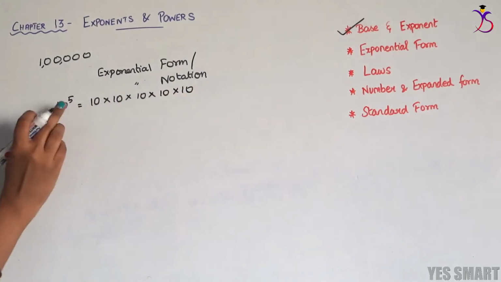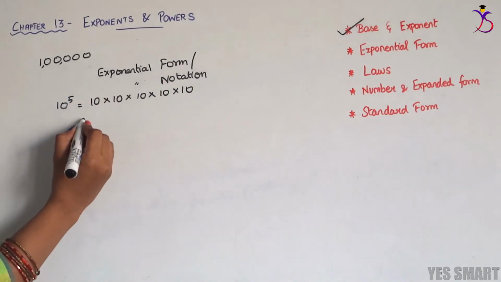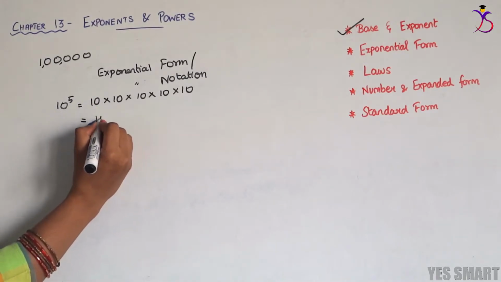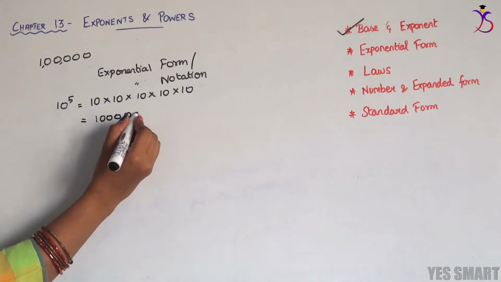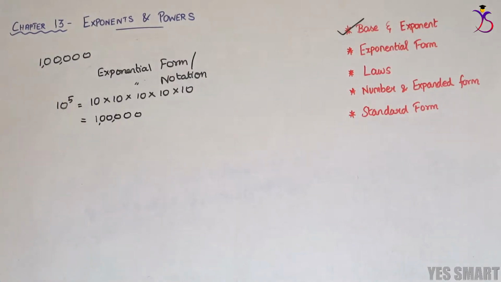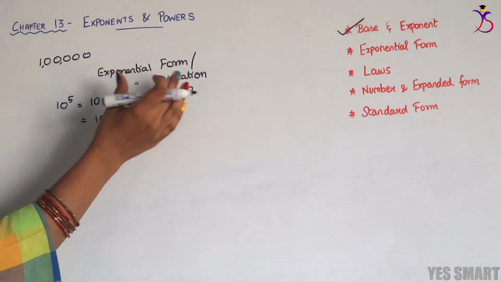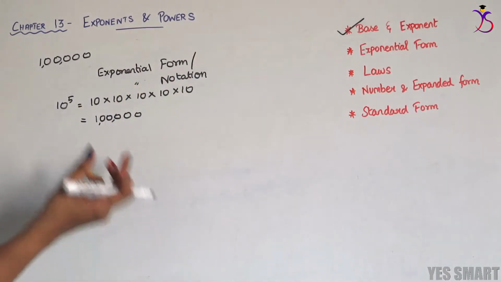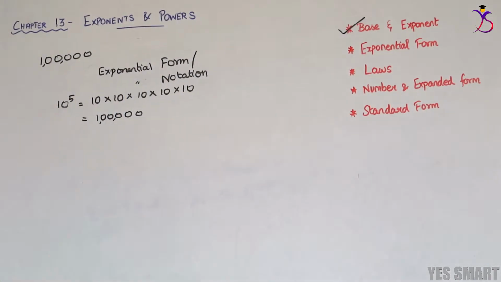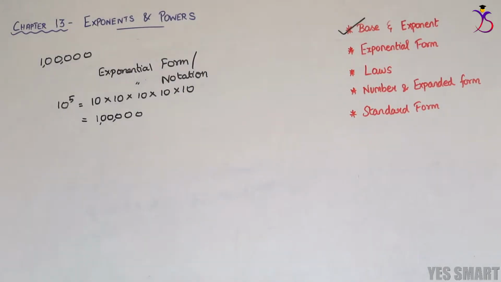Since the power is 5, we multiply 10 five times, which is 1 lakh. Thus, we got the question back. So, when asked to write 1 lakh in exponential form, we write it as 10 power 5.